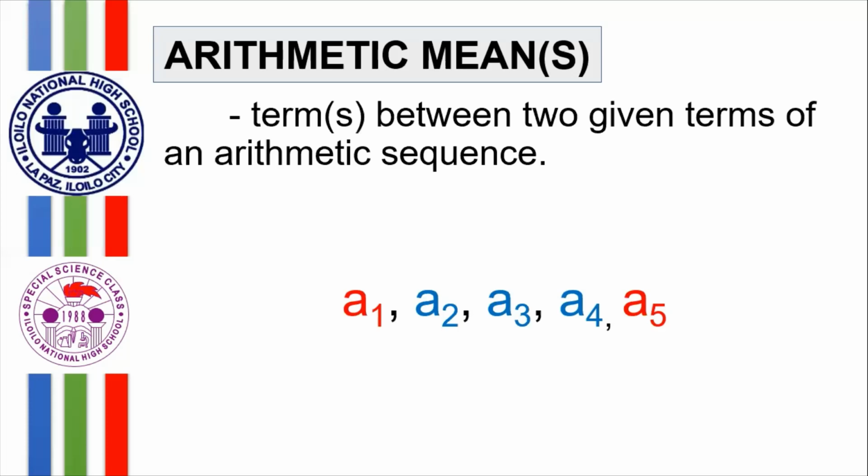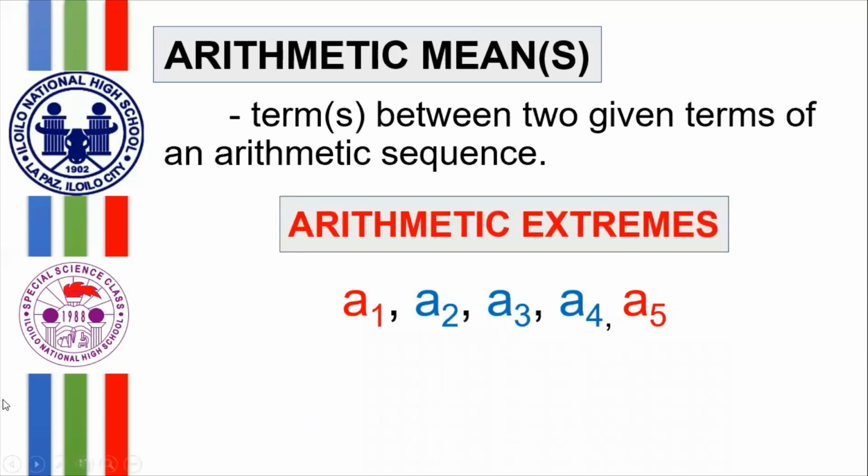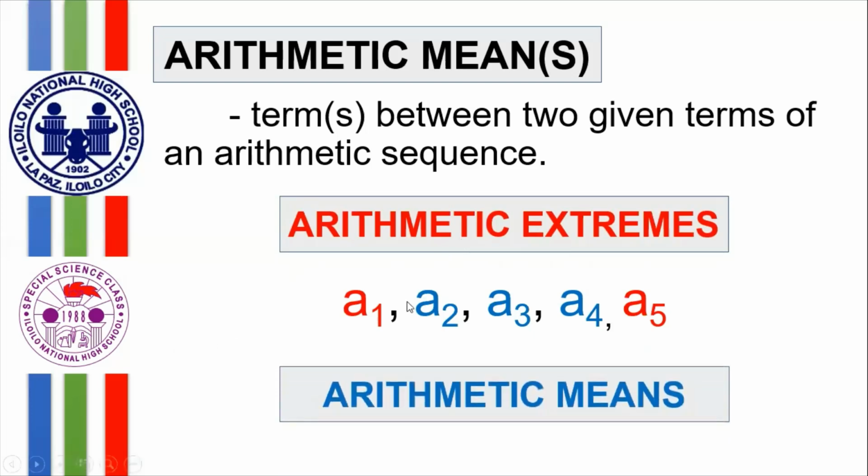So in this finite sequence, the first and the last term, which is in this case a sub 1 and a sub 5, are what we call arithmetic extremes. And all the terms between them, namely a sub 2, a sub 3, a sub 4, are what we call arithmetic means.